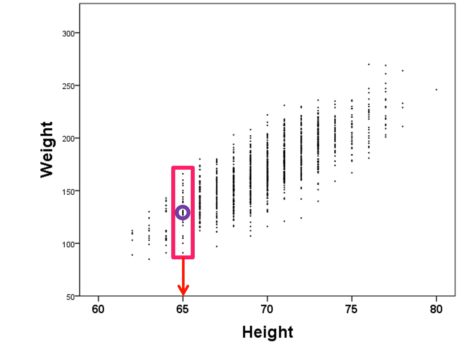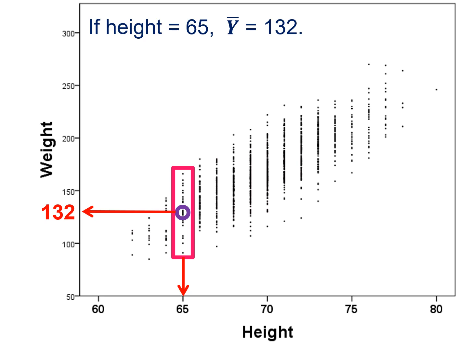You can see that about half the men in the group have weights above the circle, and the other half have weights below the circle. The circle is in the middle, which is just what we'd expect for the mean. The mean weight of men in this subgroup is around 132 pounds.